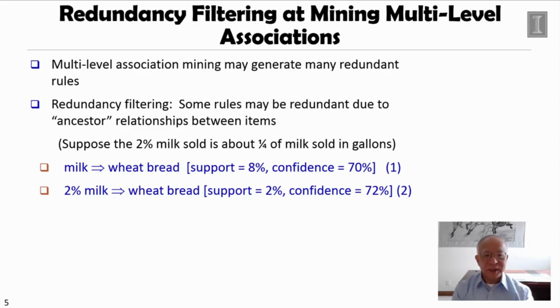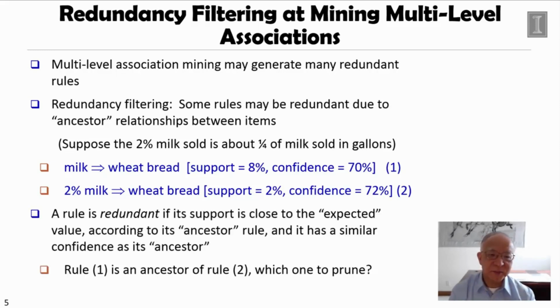But rule 2 actually dropped down a little from milk to 2% milk. In the meantime, the support also dropped down correspondingly, for example, from 8% to 2%. In that case, you probably can say rule 2 is essentially redundant because we can derive such things from rule 1. That means if the rule can be derived from the higher level rules, the lower level rules are redundant, we should remove them.